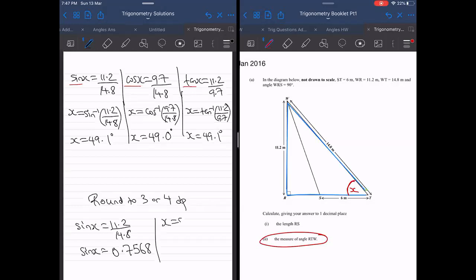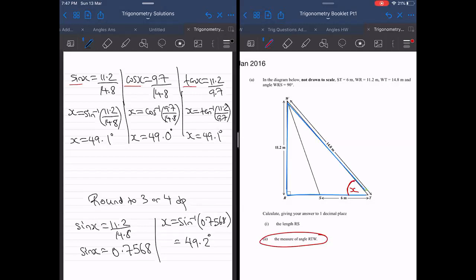When I'm doing the inverse, I have at least 4 decimal places. If you round too early, you get 49.2. So just be careful with the rounding.